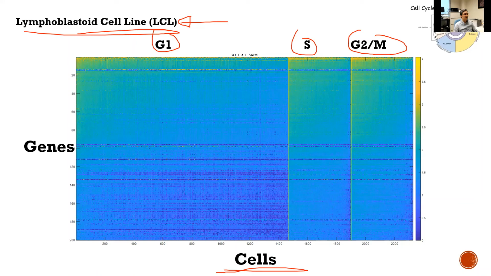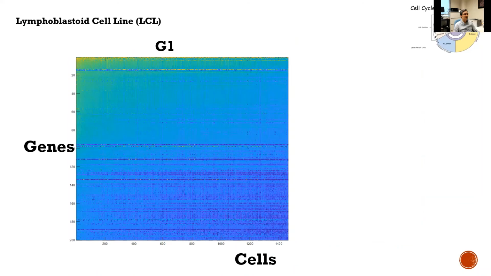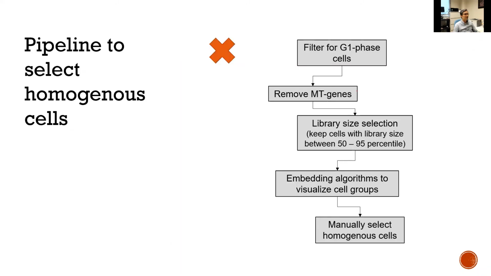Then we get rid of the other cell phases and only keep cells in G1 phase as our input cell state. Then we remove mitochondrial genes, normalize library size, and use dimension reduction to see the cell relationships and select a group of homogeneous cell population.